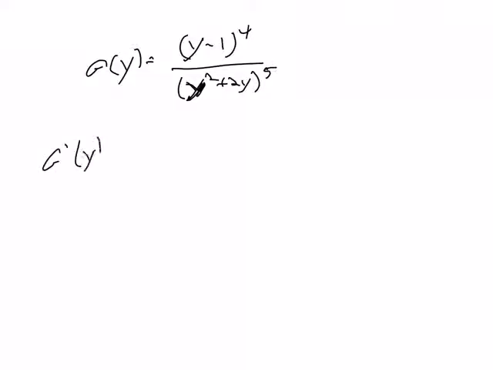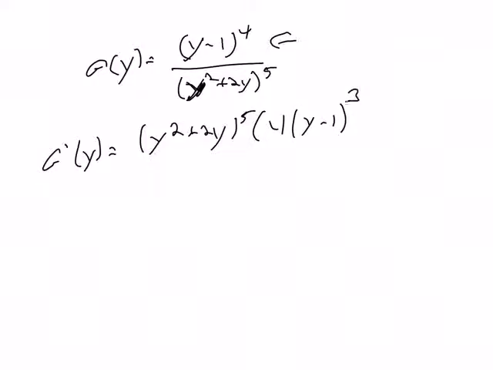So g of y is going to be equal to y minus 1 to the 4th power over y squared plus 2y to the 5th power. So g prime of y is going to equal, so we're going to do the quotient rule, we're going to get y squared plus 2y to the 5th power times the derivative of this, which is 4 times y minus 1 to the 3rd.